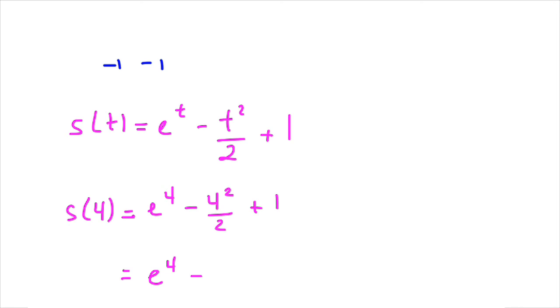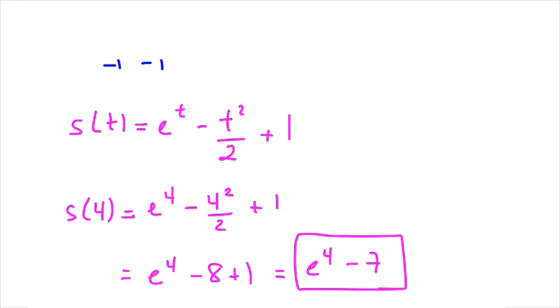Minus 4 squared is what? 16, right? 16 over 2 is 8, right? So now this is negative 8 plus 1. And ultimately, I guess, I can't really make that look much nicer than to say it's e to the 4th minus 7. And that right there is going to be my answer.